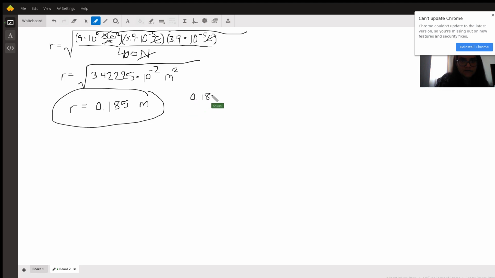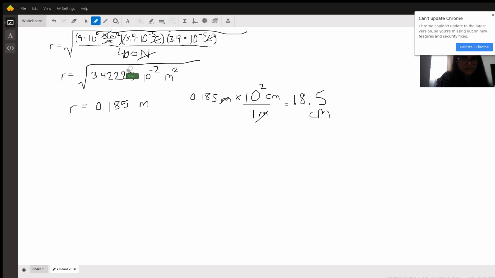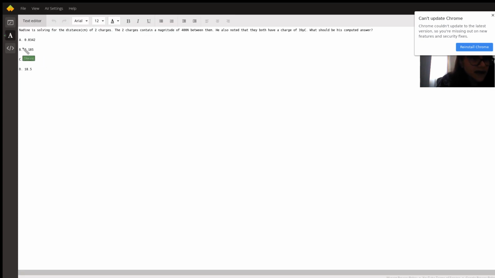So 0.185 meters times 10 to the 2, or 100 centimeters per 1 meter, and you get 18.5 centimeters, which is going to be our final answer. So that would be choice D in the question here.